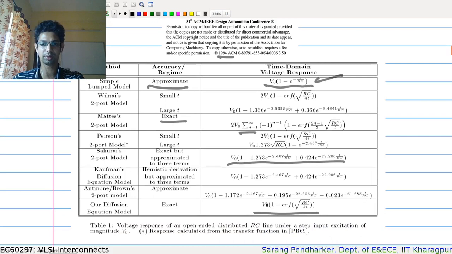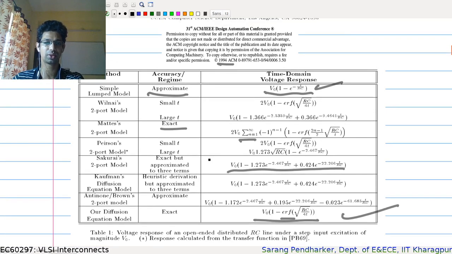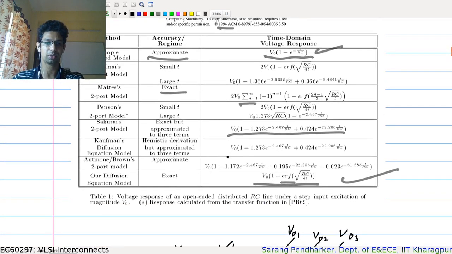Note that even though it appears to be a closed form expression, erf is an error function, and error functions are computed numerically, using error function tables. So all these methods which were reported still had problems.